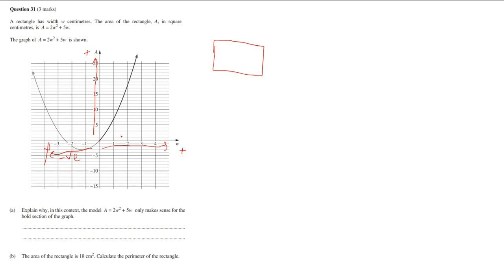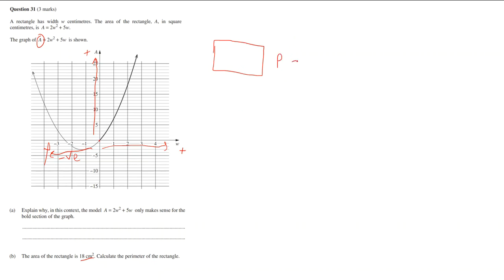In part B, the question is asking that the area of the rectangle is 18 centimeters square. So they've given you the value of A, and then asking you to calculate the perimeter of the rectangle. So a few things we need to do here. First, you need to know what is the formula for perimeter.